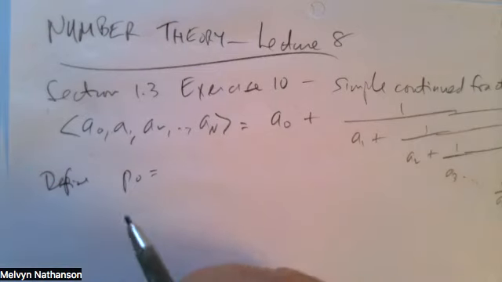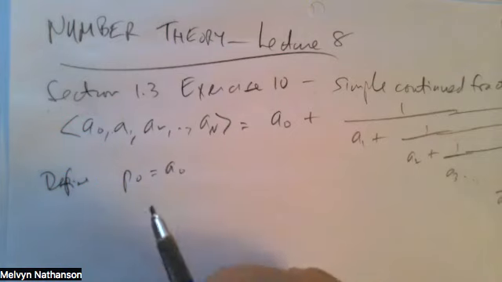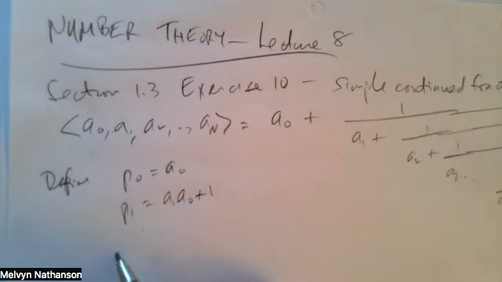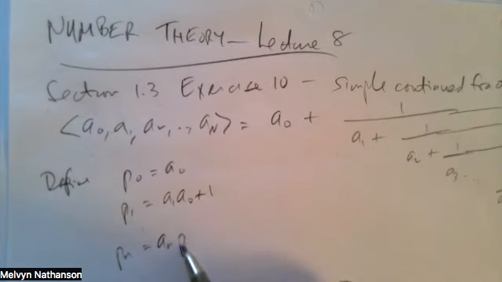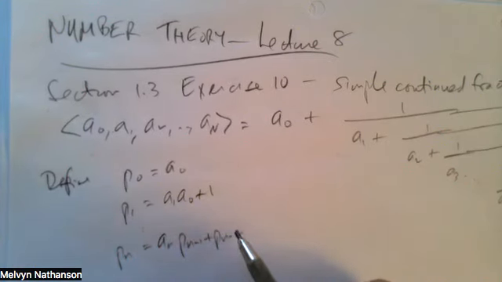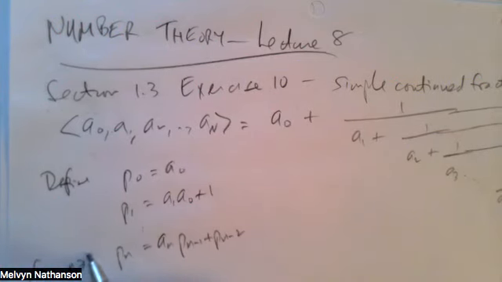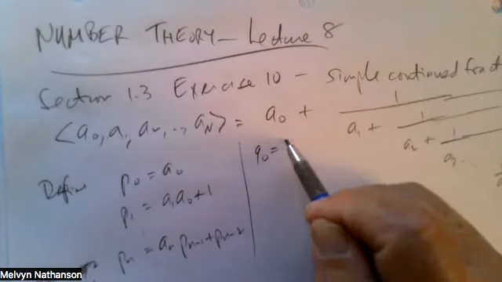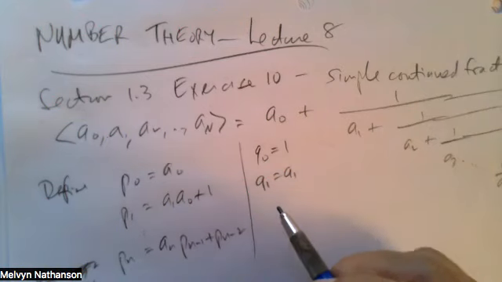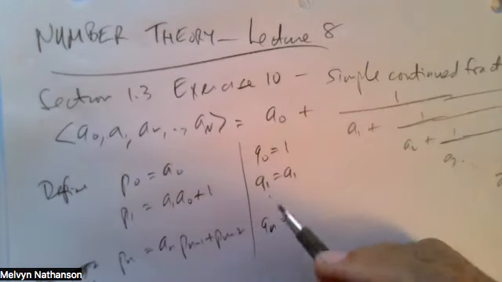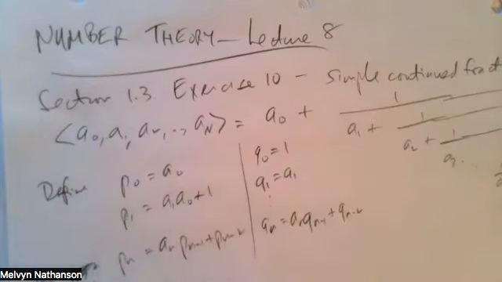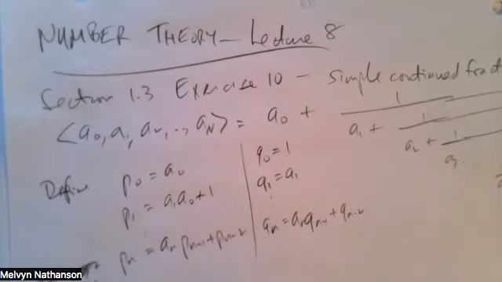Okay, so we define P0 to be A0, P1 to be A1 A0 plus 1, and inductively we define P sub n to be AN Pn minus 1 plus Pn minus 2 for n between 2 and capital N. And we also define Q0 equal to 1, Q1 equals A1, and similarly Qn equals AN Q sub n minus 1 plus Qn minus 2, again for n between 2 and capital N.